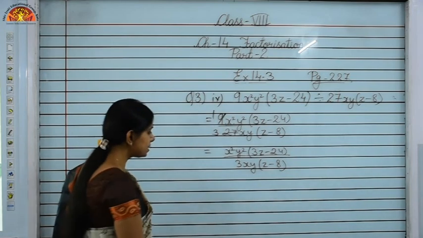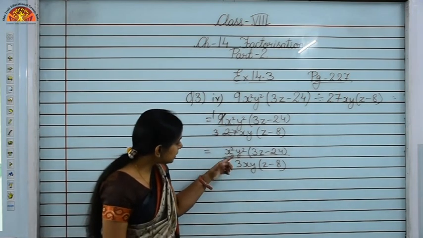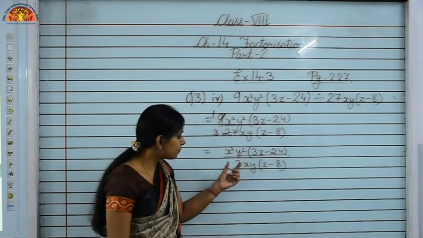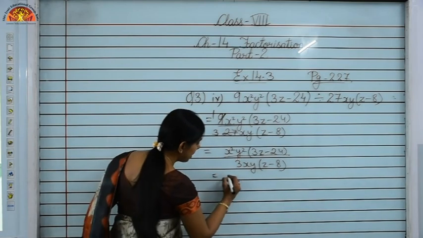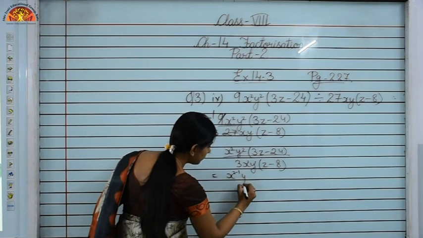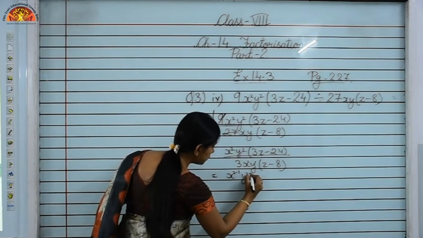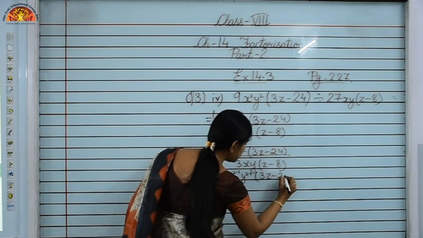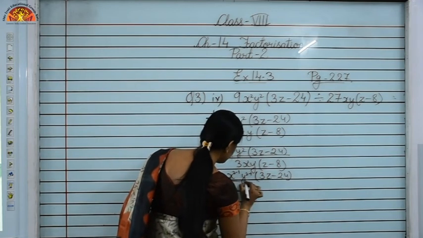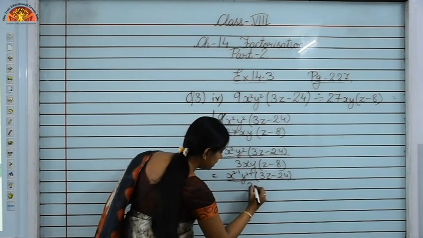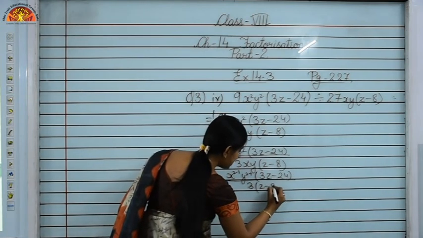Now again you can see, children, that in the numerator and denominator both are in the terms of xy. So you can just write that x raised to the power 2, y to the power 1. So 2 minus 1, again y raised to the power 2 minus 1 into 3z minus 24 whole divided by 3 into z minus 8.